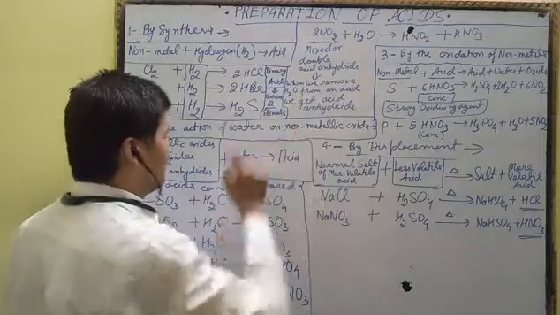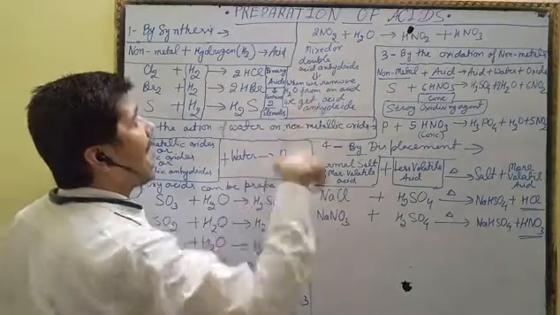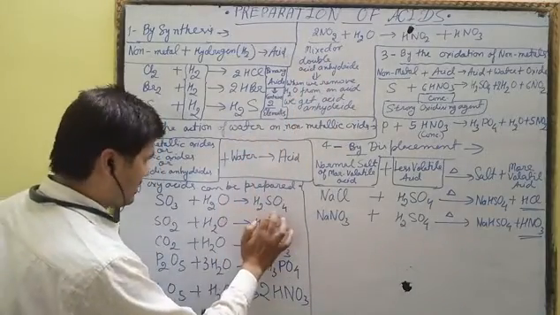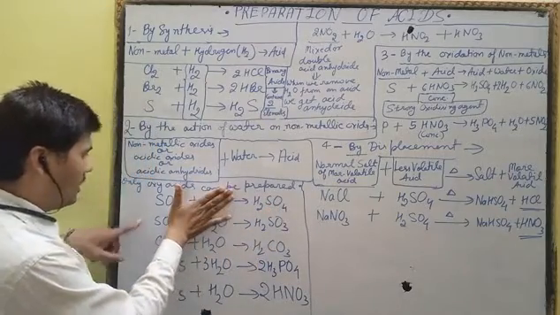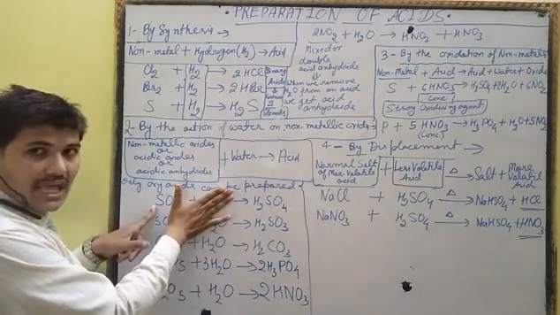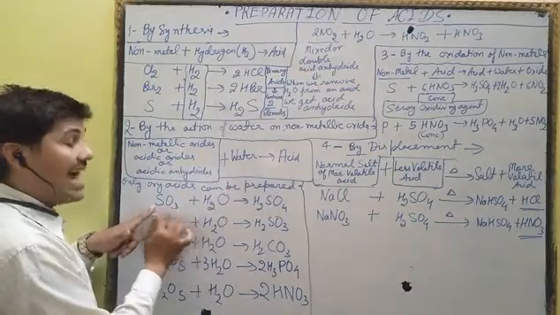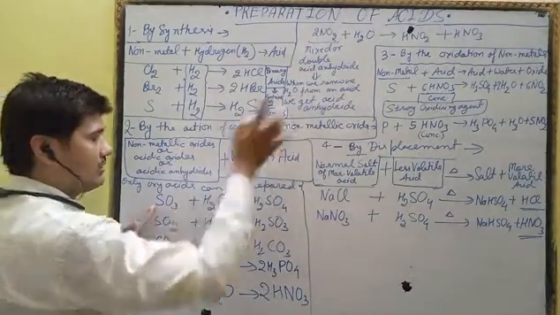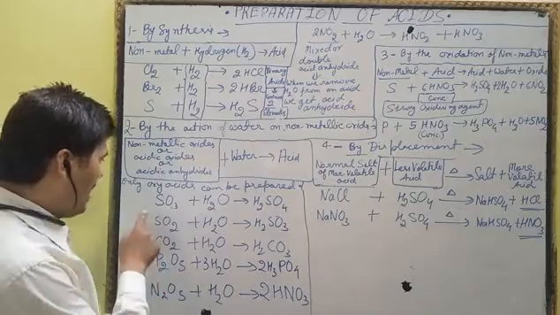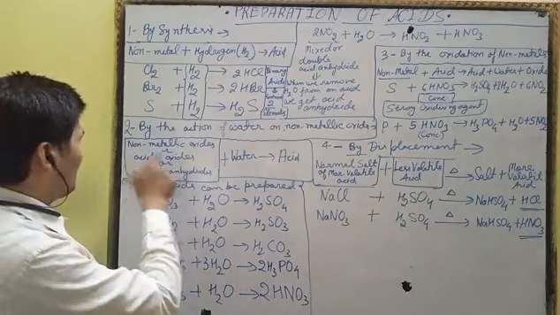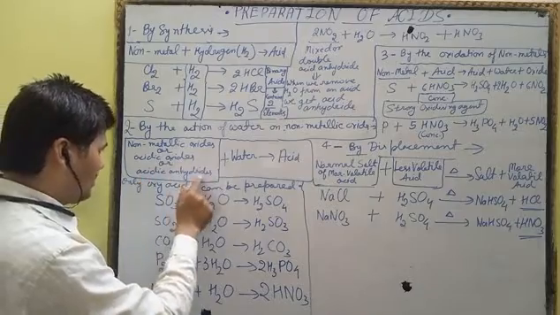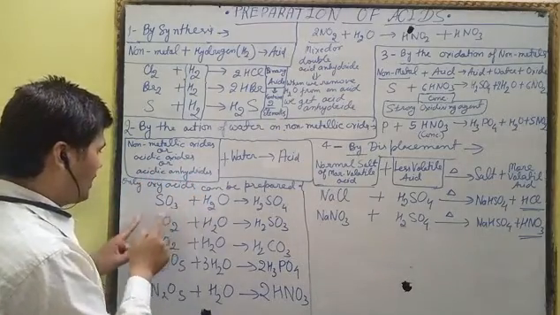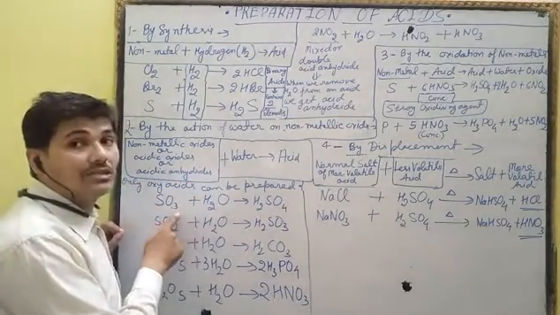From this acid, when we remove water, we form SO3. This is an acidic anhydride. Okay, you got it.